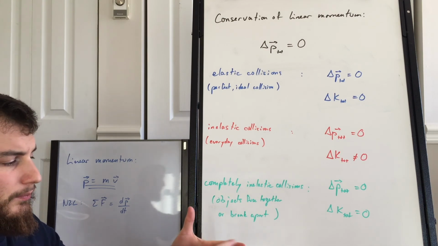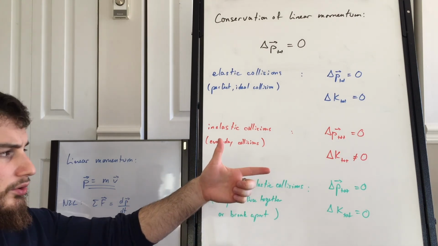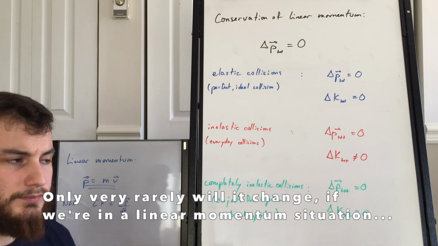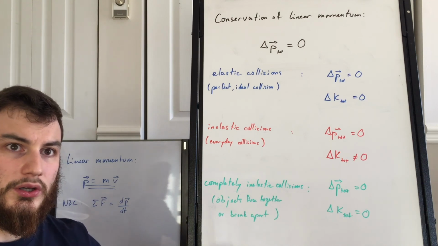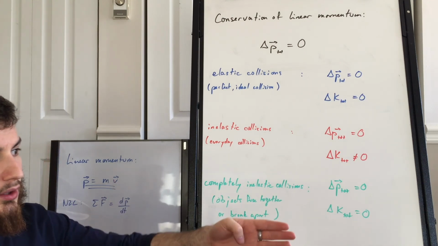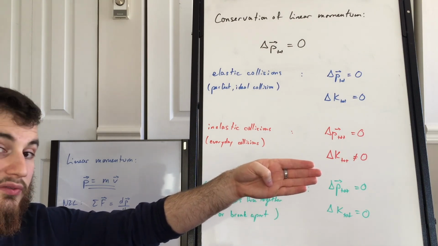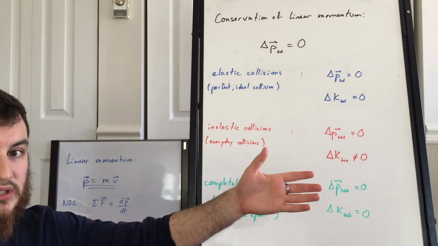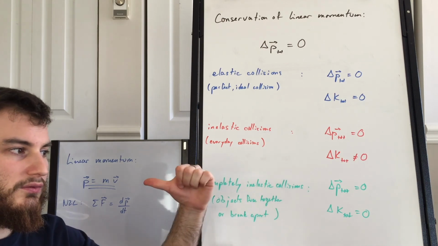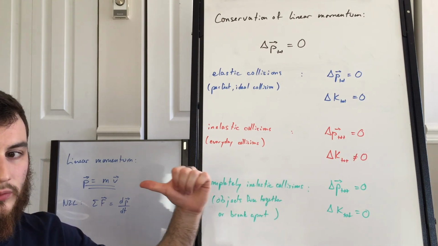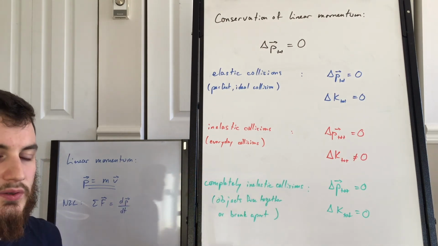Often I'll take positive x, positive y, the usual. Sometimes it might change. Since we're going to be focusing on collisions in one dimension, a positive direction of momentum or of velocity will have a positive sign associated to it, and a negative direction of velocity or momentum will have a negative sign associated to it.